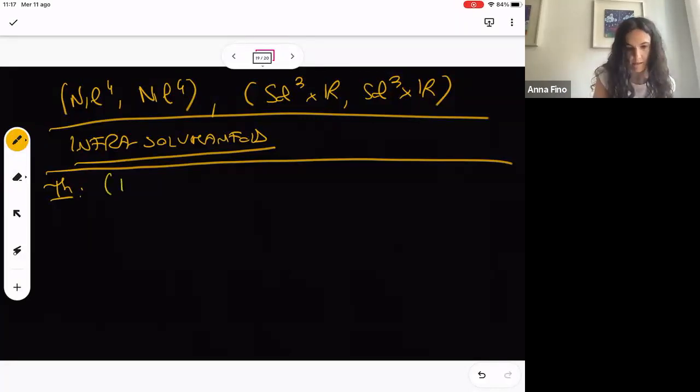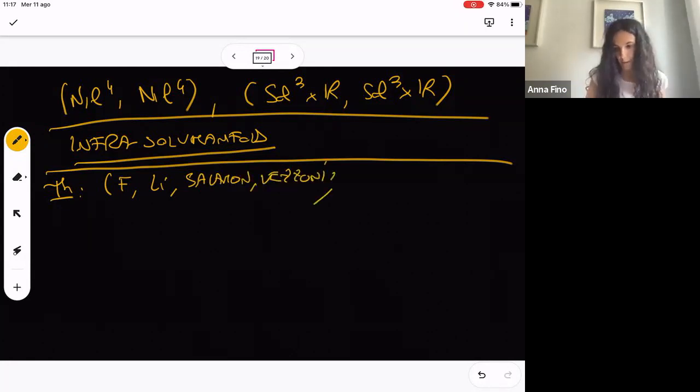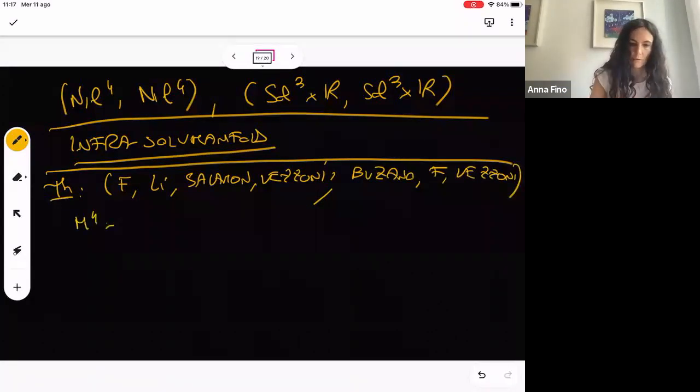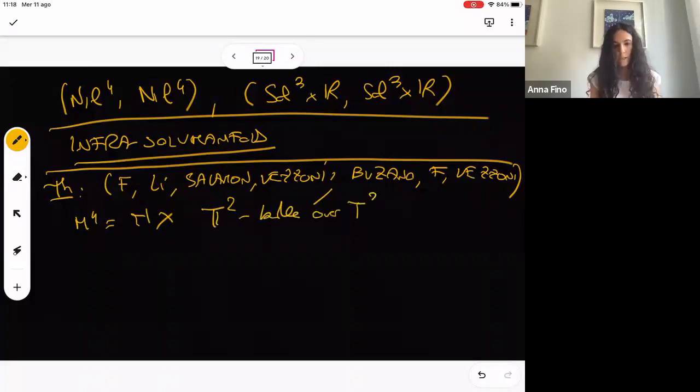This is in two papers, with Salomon and Vezzoni. That's the Lagrangian case. And then in another paper with Ernesto Buzzano and Vezzoni, we show essentially that if we have a T2 bundle over T2, be careful that here I denote it with this quotient, but it's not true in general that gamma is a subgroup of X. If gamma is a discrete subgroup of X, then you have a solvmanifold case.